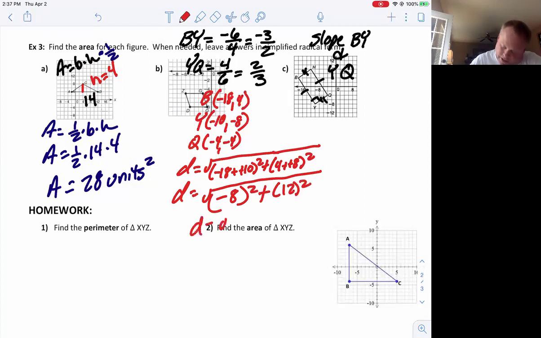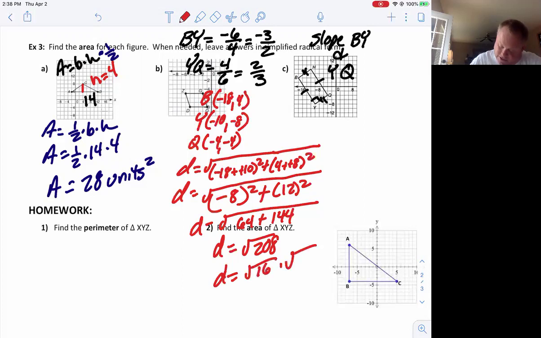And that's going to be equal to 64 plus 144. So D is going to be equal to 208. And we've done 208 several times, simplifying radicals, and I'm going to simply give you what that is. That is going to be the square root of 16 times the square root of 13, or simply 4 square root of 13. So I know the distance of B to Y is going to be 4 square root of 13.